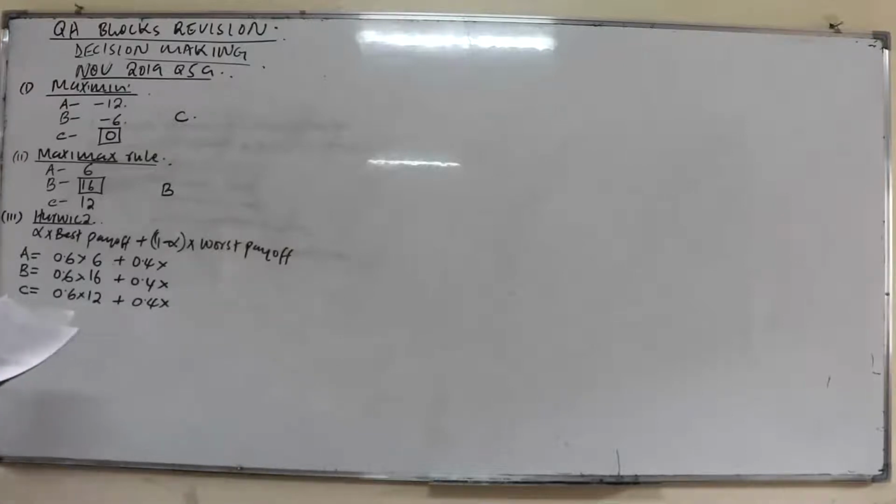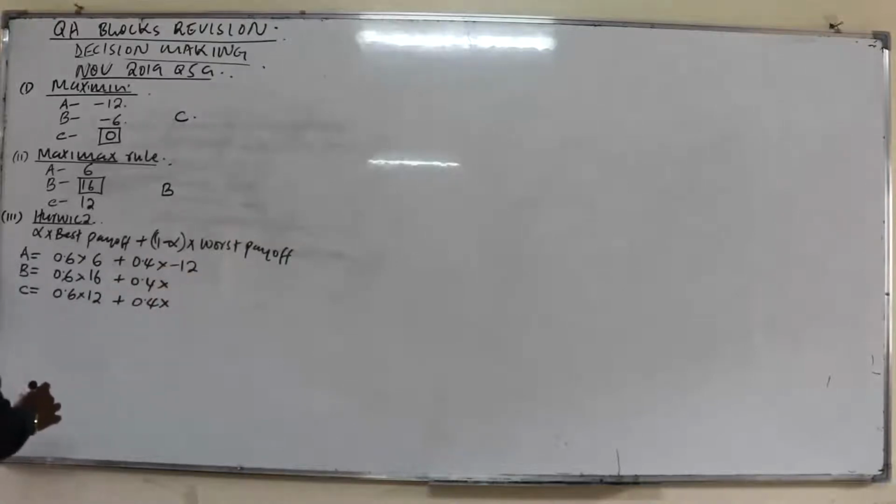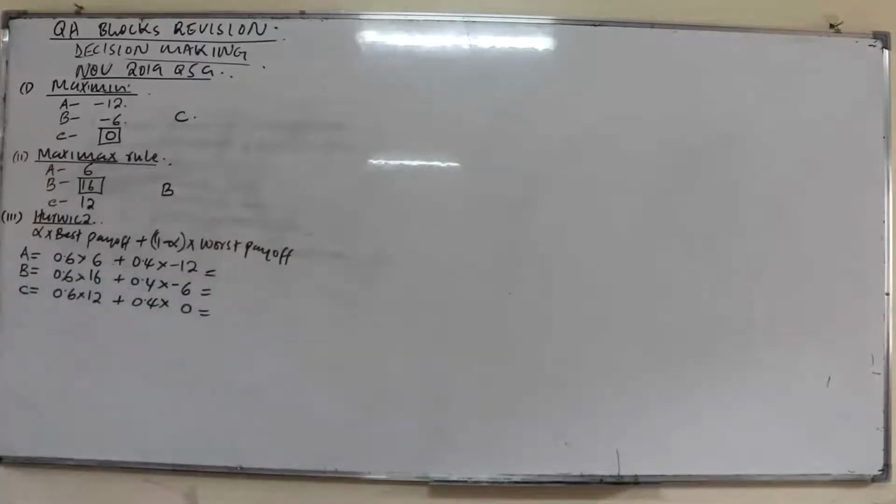So let's start with alternative A. Alternative A, the minimum we have is negative 12. B, the minimum or the worst payoff is negative 6. And for C, it's 0. So with that, let's compute. We have negative 1.2.